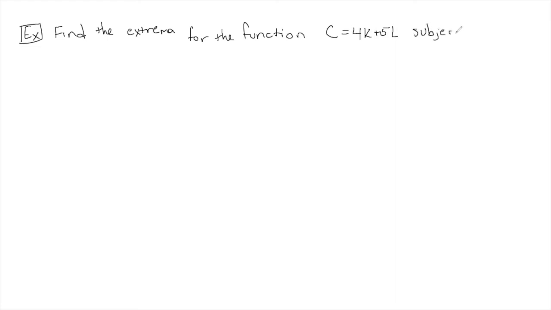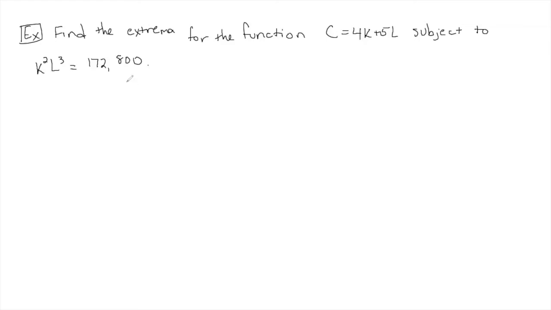All right, so let's take a look at another example. Find the extrema for the function c equals 4k plus 5L subject to the constraint k squared L cubed equals 172,800.